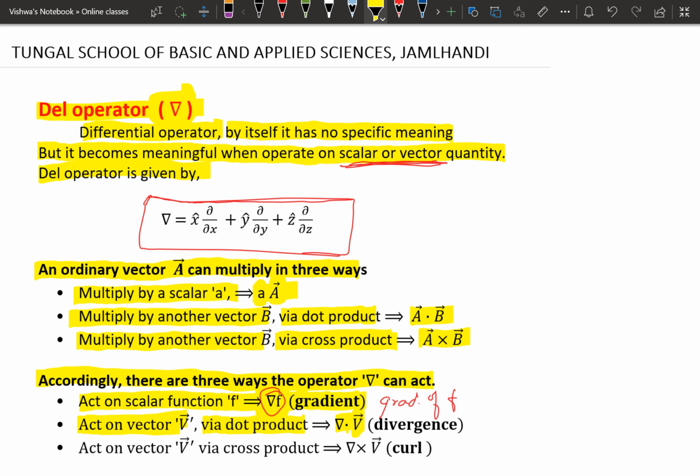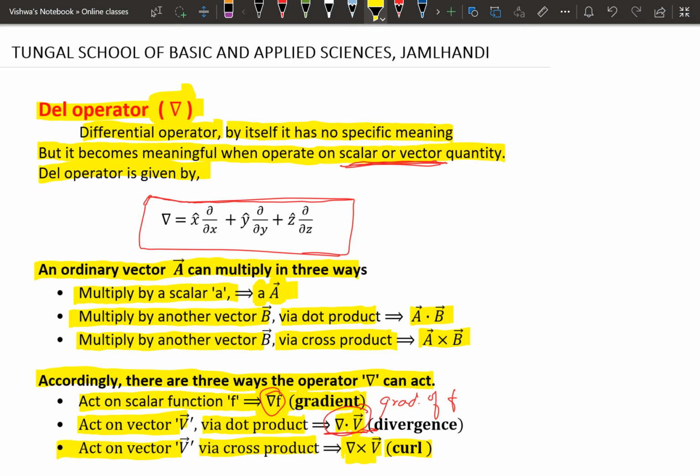This operation we call divergence, or we can call del dot phi the divergence of phi. And one more is acting on a vector phi via the cross product, that is del cross phi. This del cross phi we call curl, that is curl of the vector field phi.